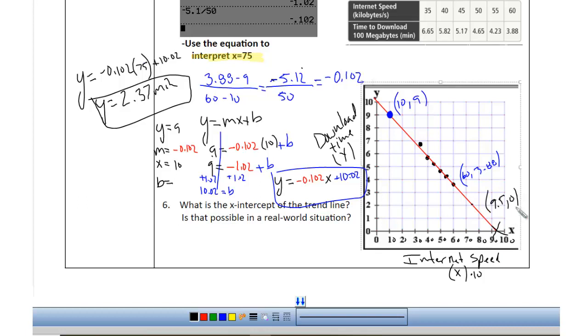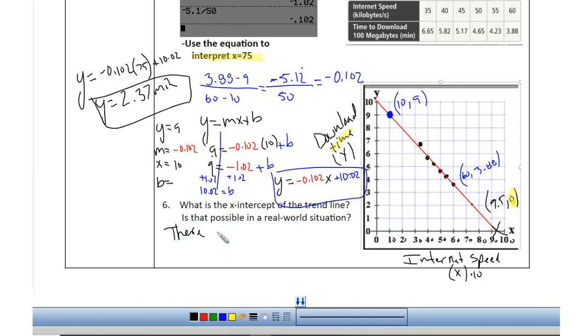What's important to understand is your y value is 0, and y is talking about your time, which is essentially saying that it would take no time. Not very quick, not a blink of an eye, not an instant, but actual 0 time, not measurable. It wouldn't take any time. It would be instantaneous to download something at that speed. And we know that in the real world, that's just not possible.